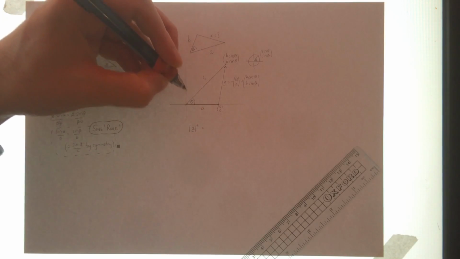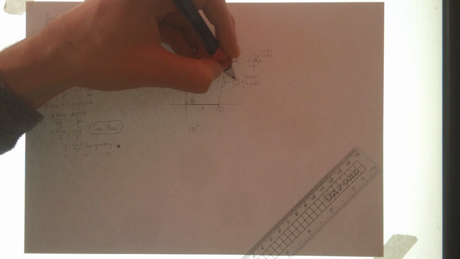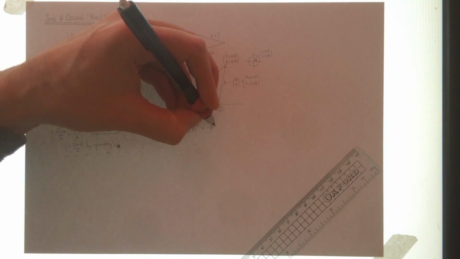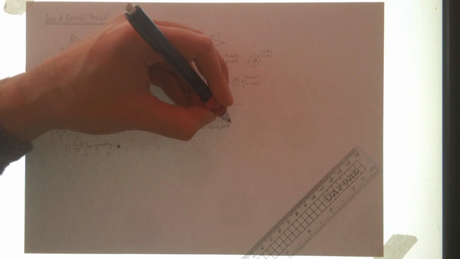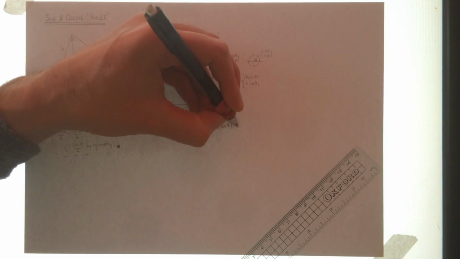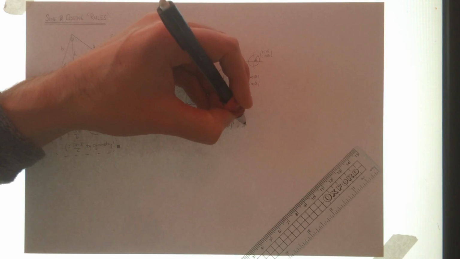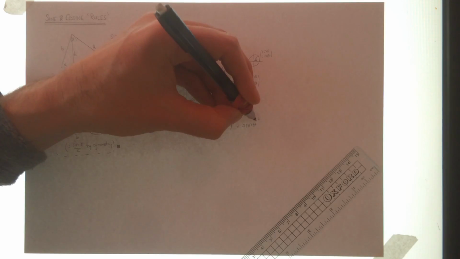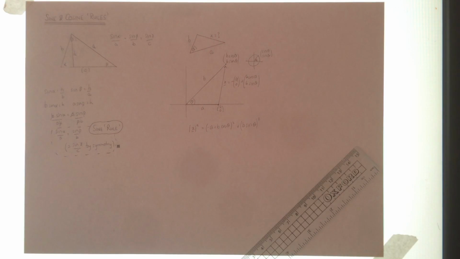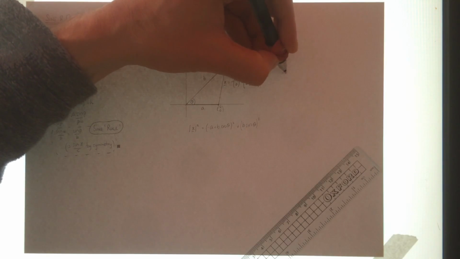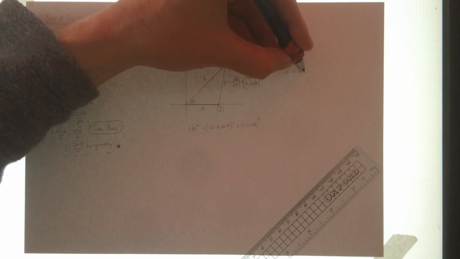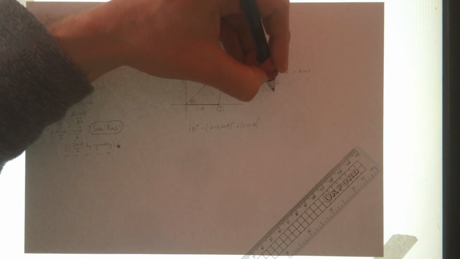Which is just the square of the x component, which is minus a plus b cos theta, plus the square of the y component, which is 0 plus b sine theta, which is minus a plus b cos theta times minus a plus b cos theta.